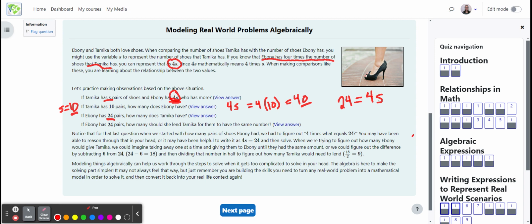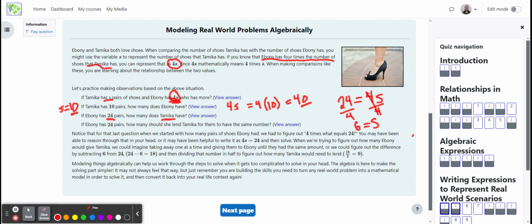So 24 would equal 4S, and to solve this, I would need to divide by 4. And 24 divided by 4 is 6. So S would be 6, which means that Tamika would only have 6 pairs of shoes to keep that same relationship, where Ebony has 4 times more shoes than Tamika, because 6 times 4 is 24.